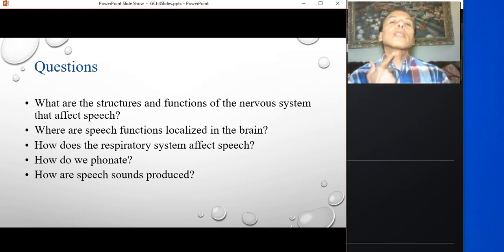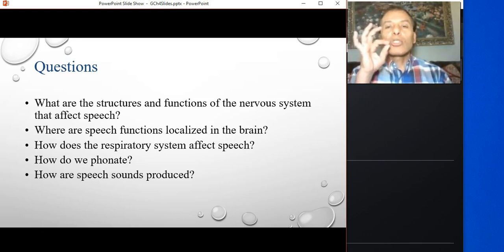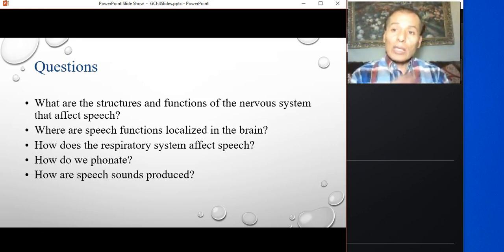We call that buzz produced by the vocal folds phonation, or voice. That buzz, as it exits and goes into the vocal tract, becomes shaped by the articulators, we could say chopped, into sounds and words and sentences. And we call that speech articulation.